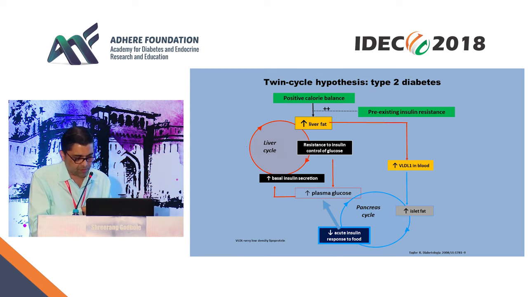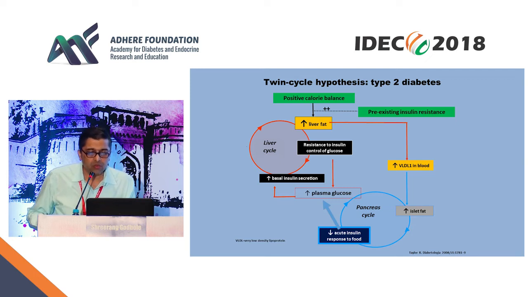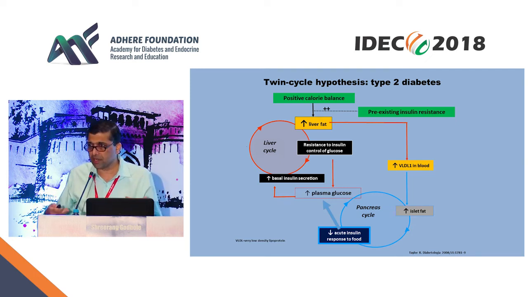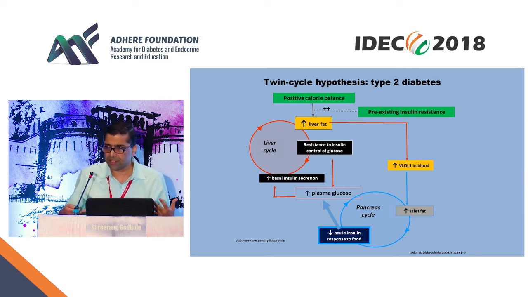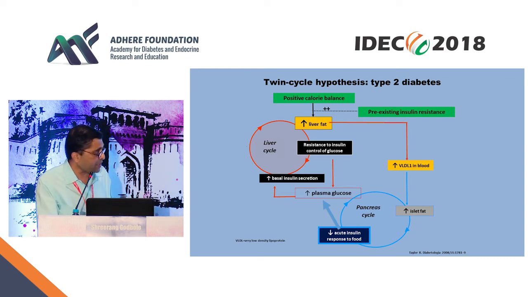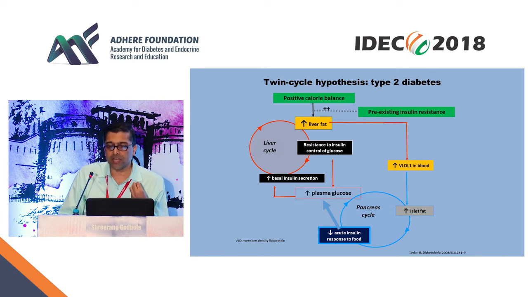At the same time, the increased liver fat is going to release increased VLDL in the blood, and this VLDL, or more specifically triacylglycerol, is increased, and various tissues are exposed to high levels of triacylglycerol, and the pancreatic islet is particularly prone to the toxic actions of triacylglycerol.